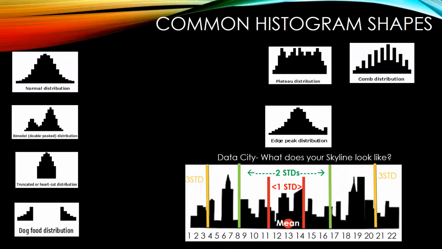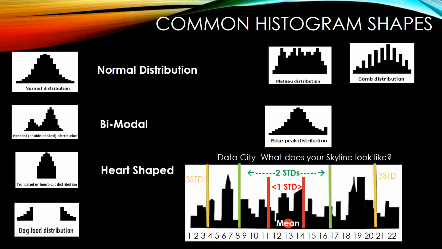So we talked about what your skyline looks like on your project. We're going to look at normal distribution. We're going to look at some bimodal examples, heart-shaped distribution, something that's called the dog food distribution, a plateau distribution, a comb distribution, and an edge peak distribution. So all of these little skylines tell a different story, and they're going to give you different insights about the process that you are looking to improve.